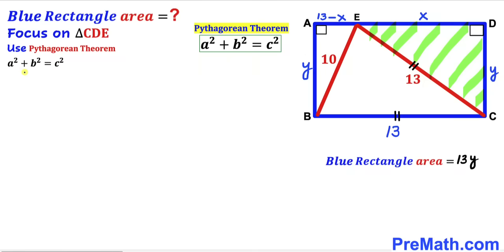So x squared plus y squared equals 13 squared. Let's simplify: x squared plus y squared equals 169, and I am going to label this as equation number 1.